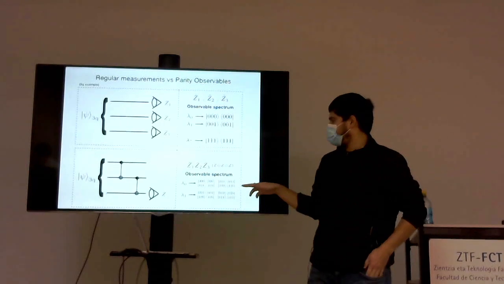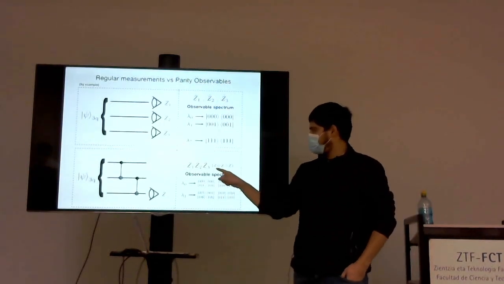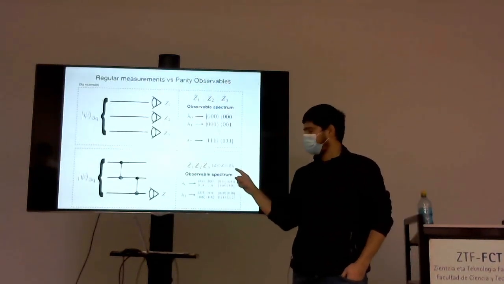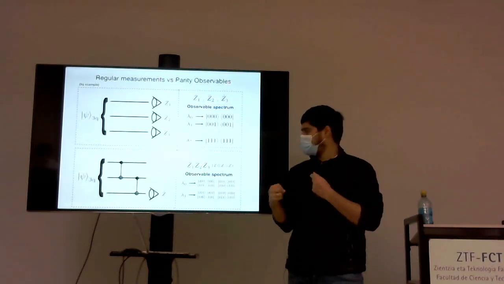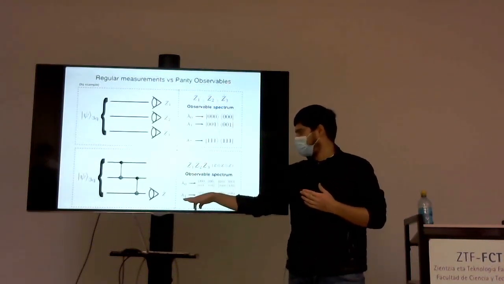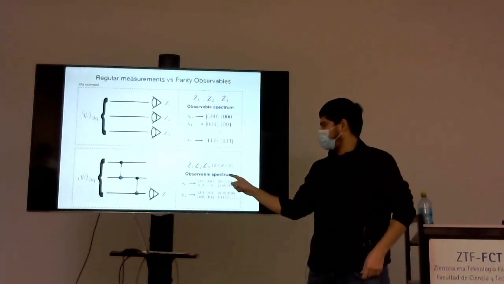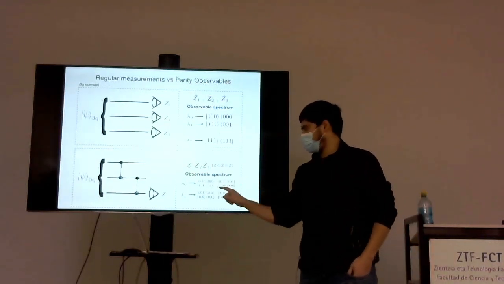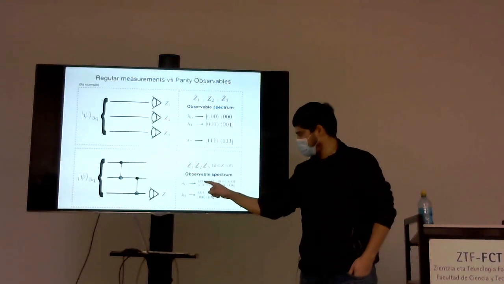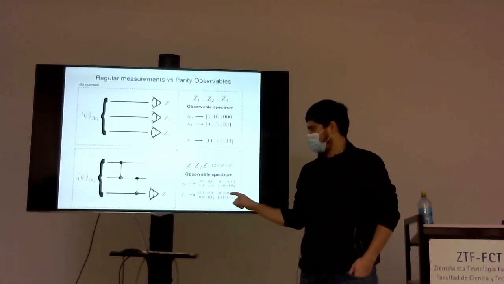So you only get in this observable, which is the tensor product of Z, Z, Z, either λ0, the first eigenvalue, or λ1, the second eigenvalue. And you're splitting your set of eigenbases in two pieces, the even pieces and the odd pieces.